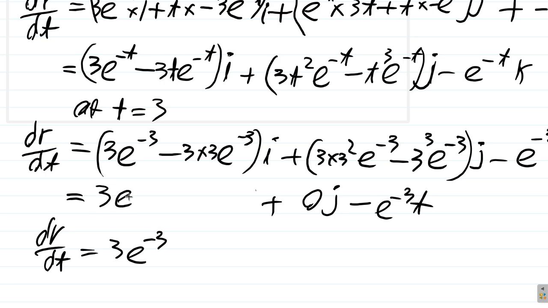This is 3e to the negative 3 minus 3 times 3, which is 9, e to the negative 3, i.